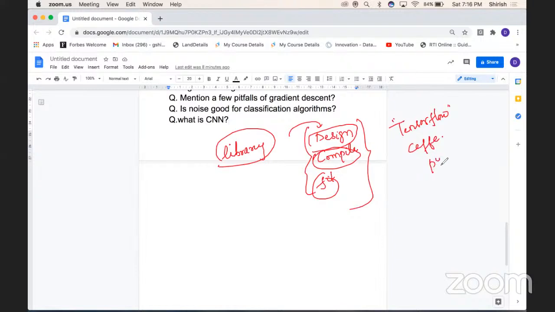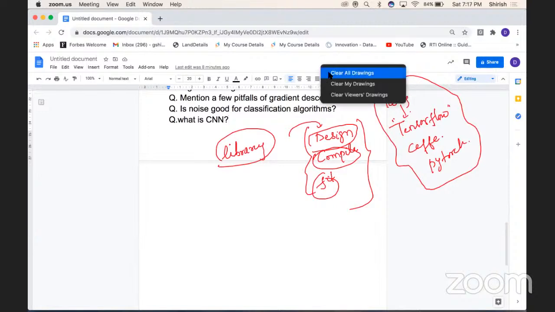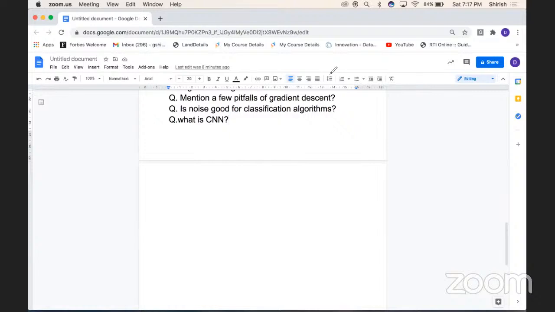You can also use PyTorch, Torch, etc. Keras definitely is a part. How to use them is also a kind of coding experience you require, right? Because the way you pull different libraries, you should be able to know how you are using them also, right? You should know how you are using them.